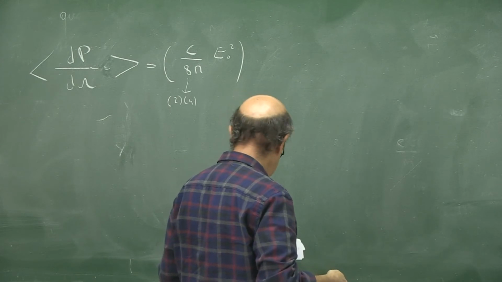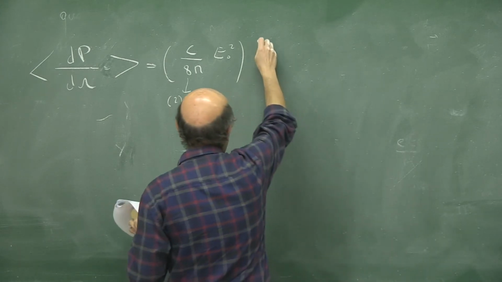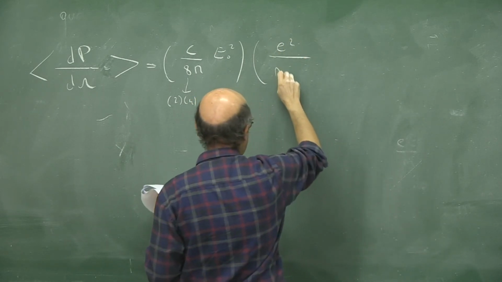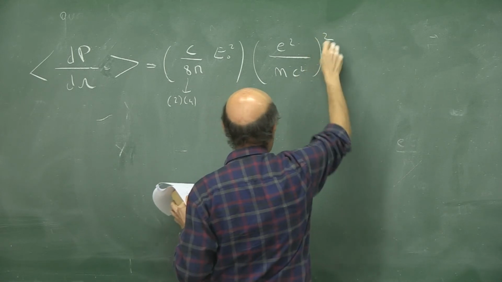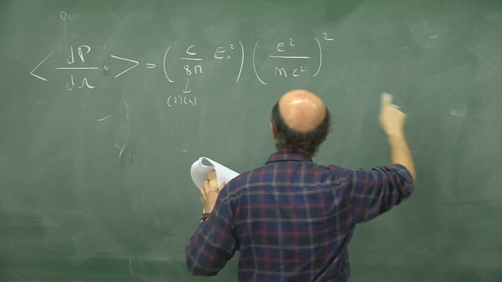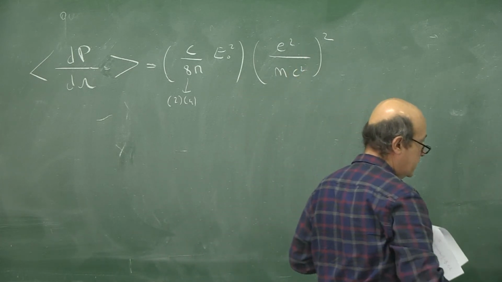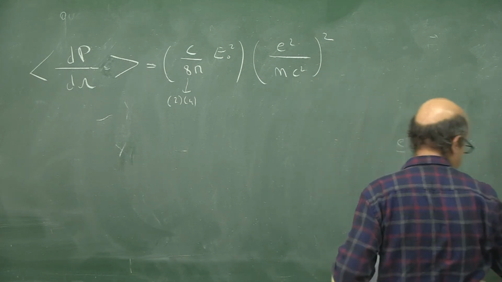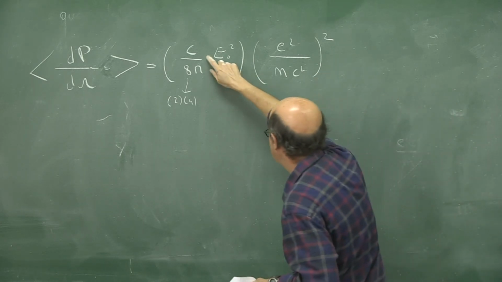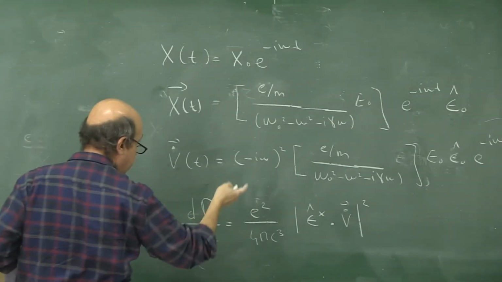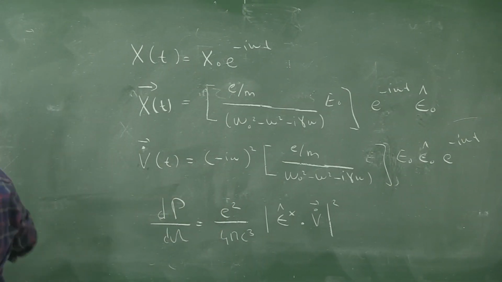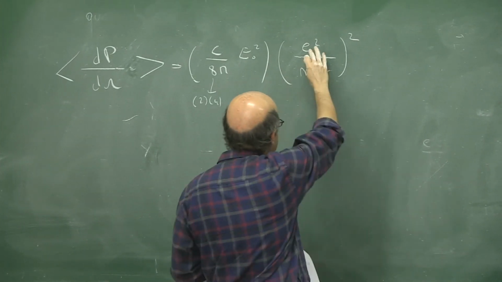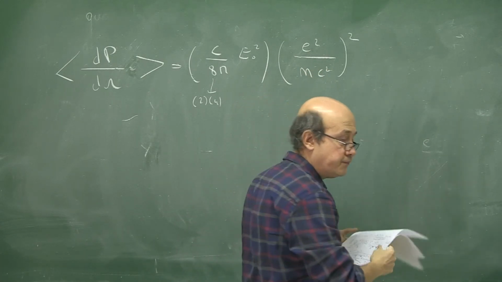Then what I have is e square over m, c square to the square. E to the 4th, sorry about this. I'll take the square of this, that is e square, there's an e square, that was e to the 4th. And this is c cube over c to the 4th. And what else do I have? m square here. At the same time, this stuff here is related with the classical electron radius, the same, e square over m c square, okay?